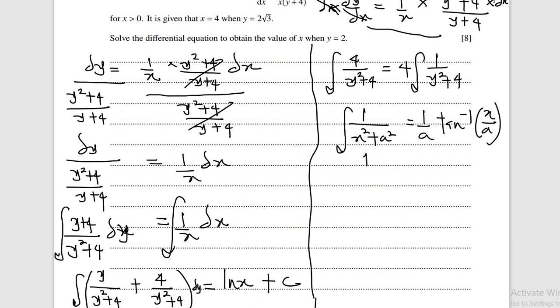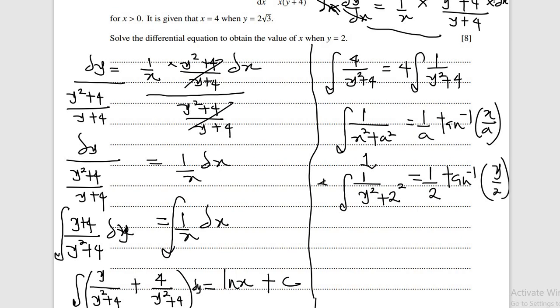So I can see a similarity with this. Don't forget the 4 at the back. I'm coming to 1/(y² + 4). 4 can be expressed as 2². x² is like y², and a² is 2². If you follow that format, it's going to give us 1/2 arctan of y/2.